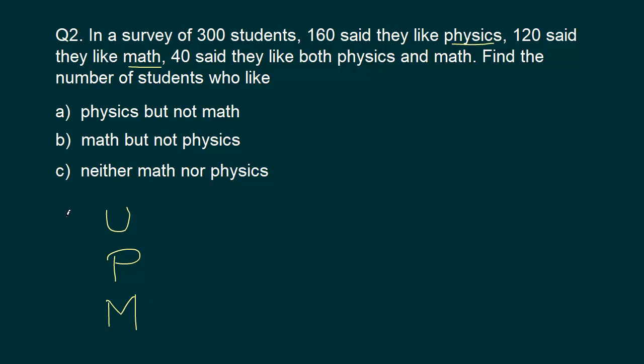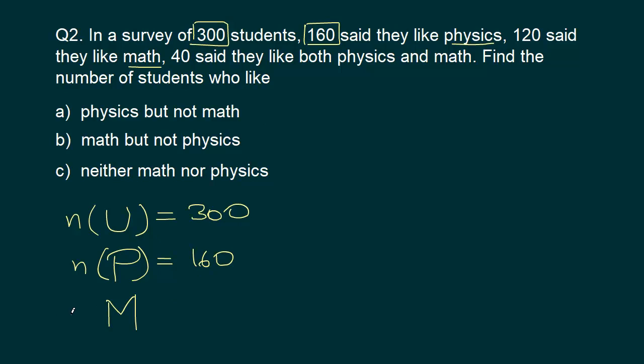So what is given is that the number of elements in U, that is all the students who are surveyed, is 300. The number of students who like physics is 160, and the number of students who like math is 120.